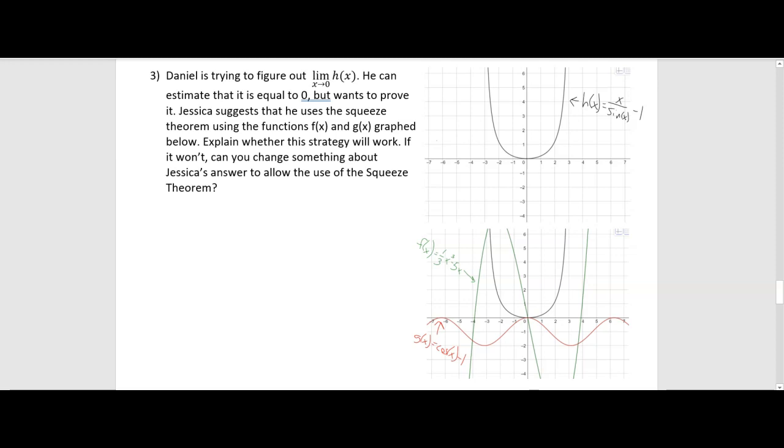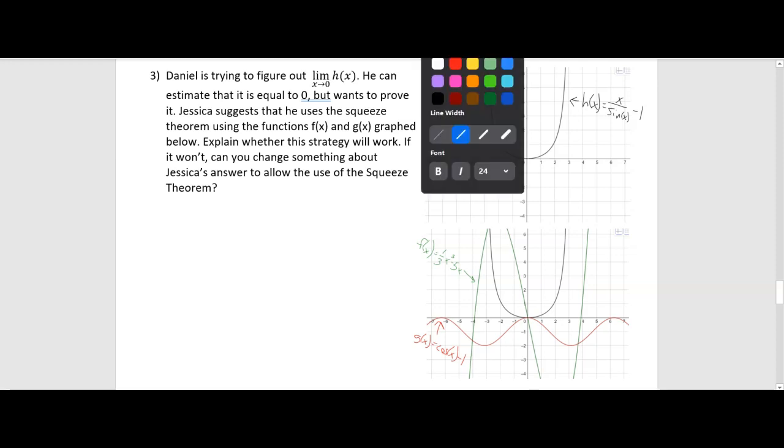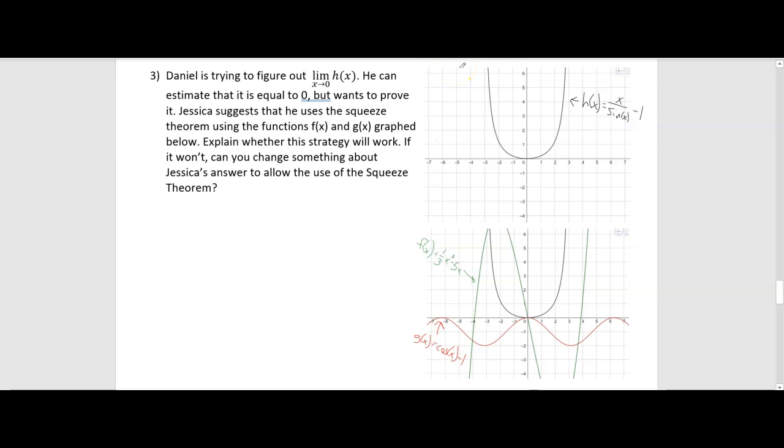It looks like the function she chose to be the function that's greater than h of x and g of x is this green function. Okay, so if we look down at the second picture, as we approach from the left, we see that the green function is greater than both the black function and the red function.